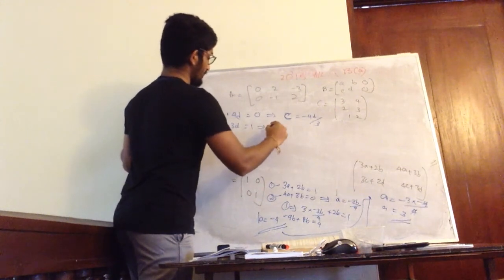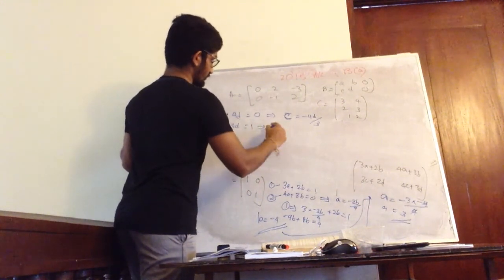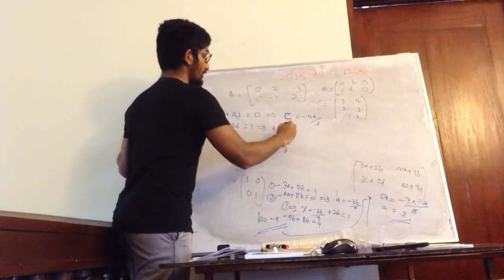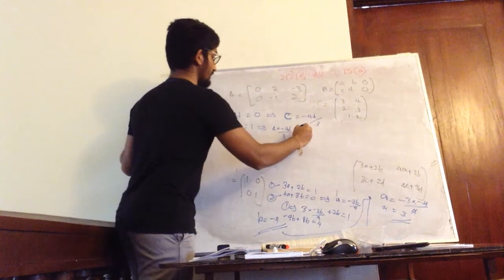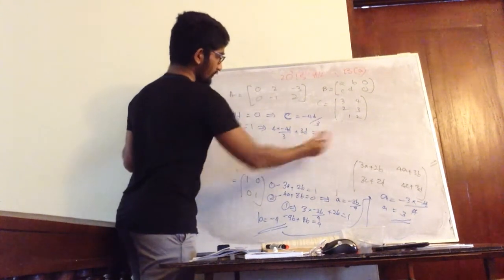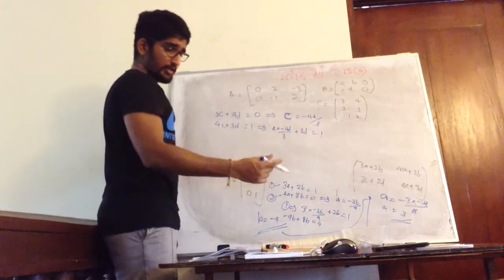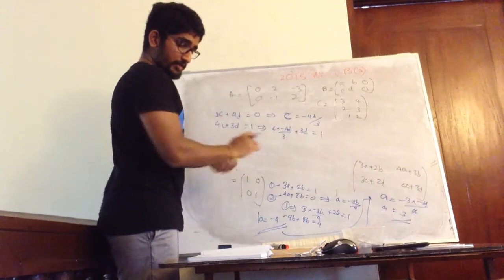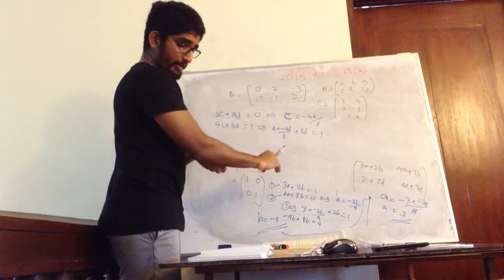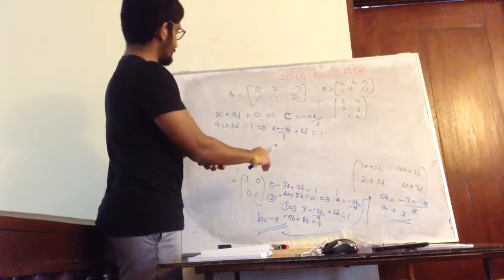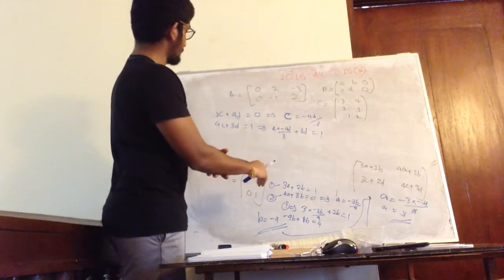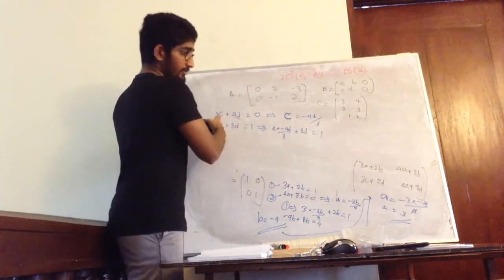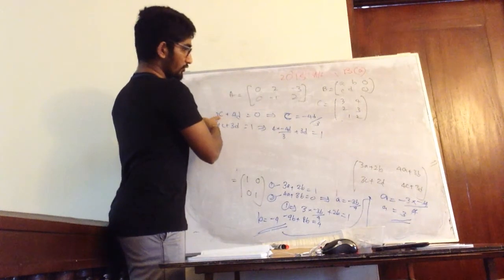So I'm going to substitute C here. 4 times minus 2D over 3 plus 3D equals 1.